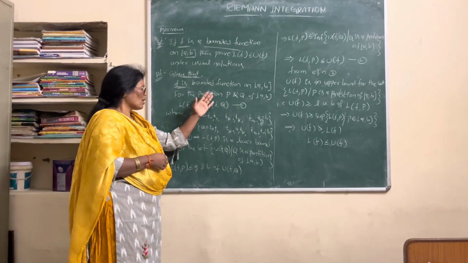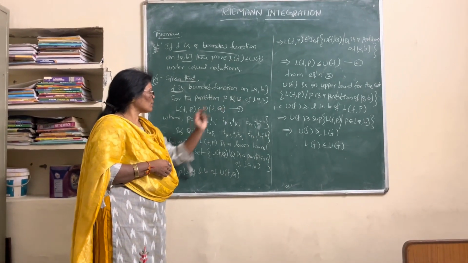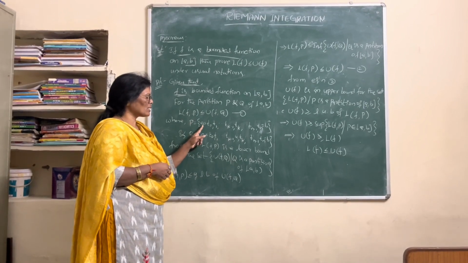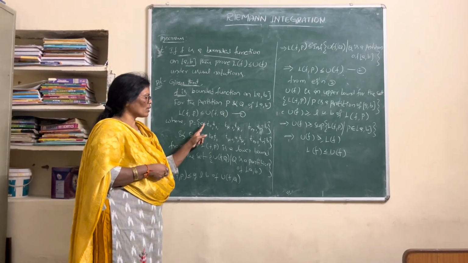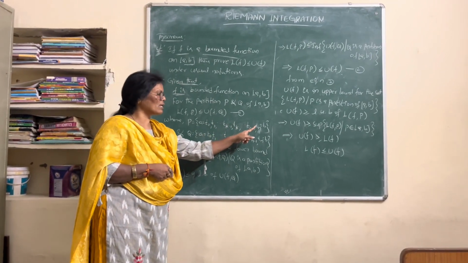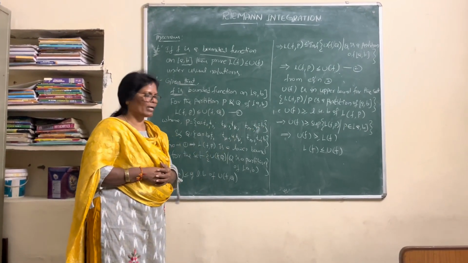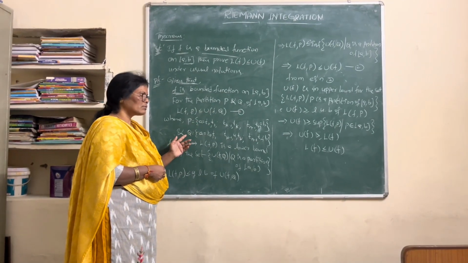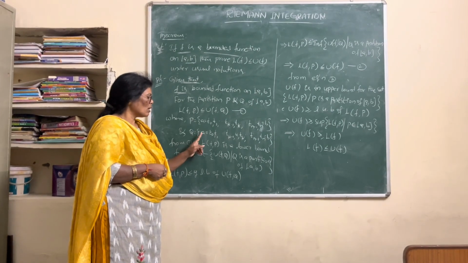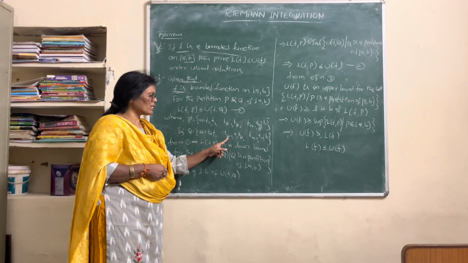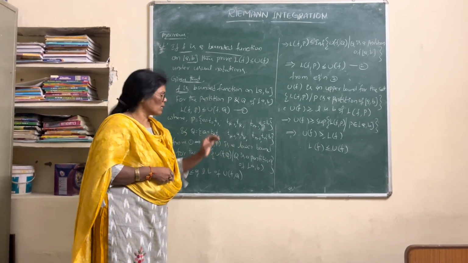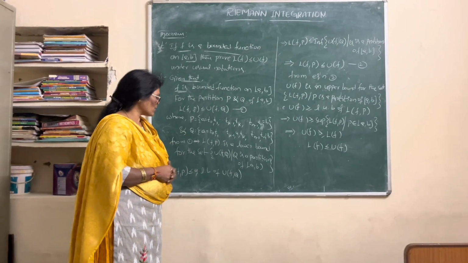So now we will define these two partitions P and Q. P is the set of all those elements of A equal to T0, T1, so on, Tk minus 1, Tk, so on, Tn minus 1, Tn equal to B. And similarly, the second partition Q is also the set of all those elements of A equal to T0, T1, so on, Tk minus 1, U, Tk, Tn minus 1, Tn equal to B. In this, one extra element should exist.